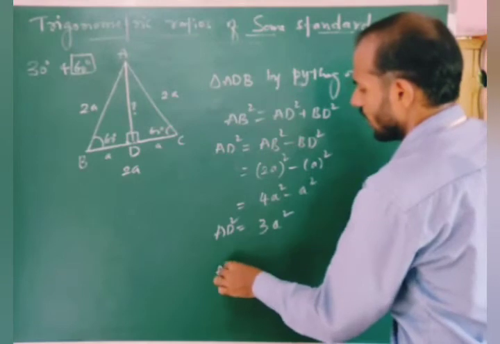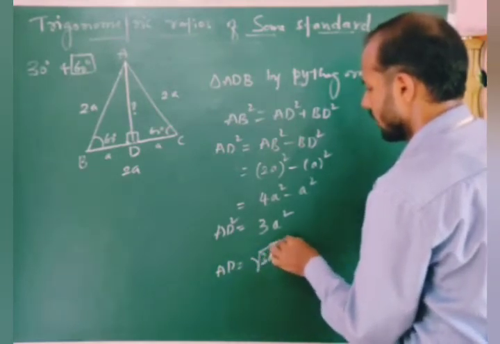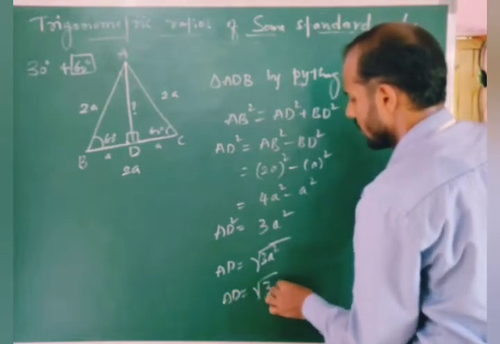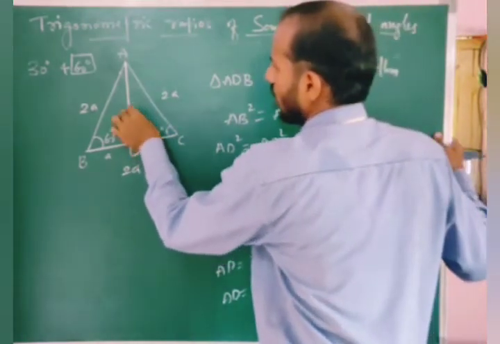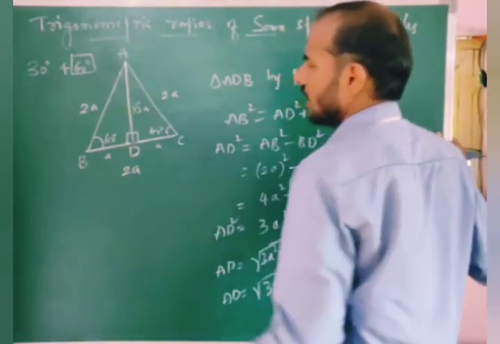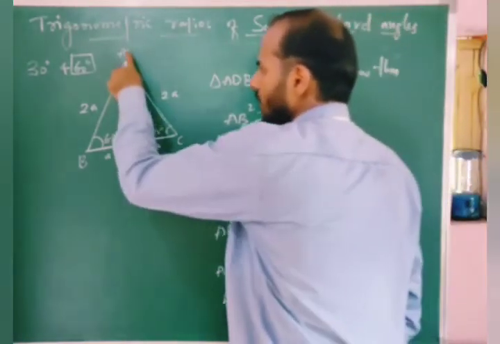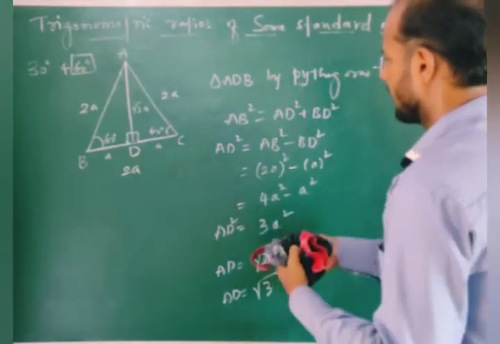Now value of AD is what? Root 3A square. Therefore AD equals root 3 into A. This is what? Root 3 into A. Got it? Now we take separately the triangle ADB to find the angle 60 degree, right?